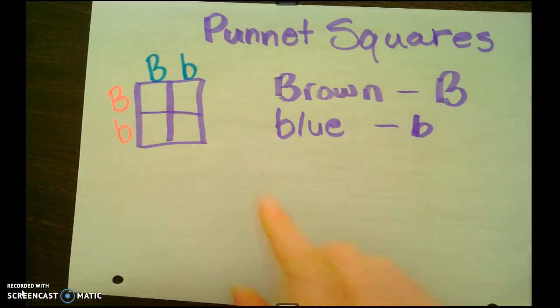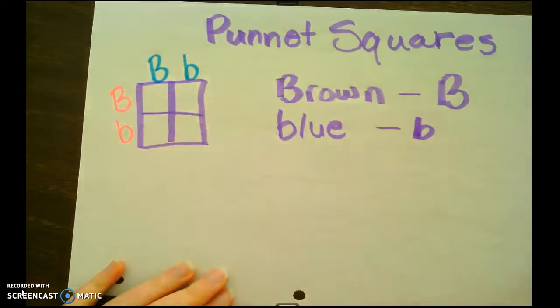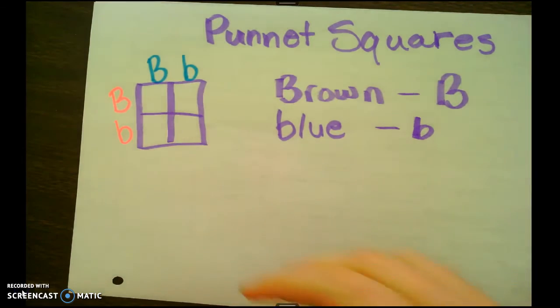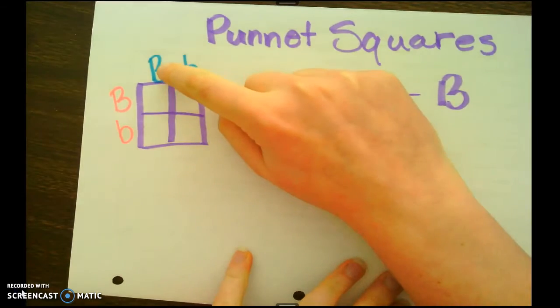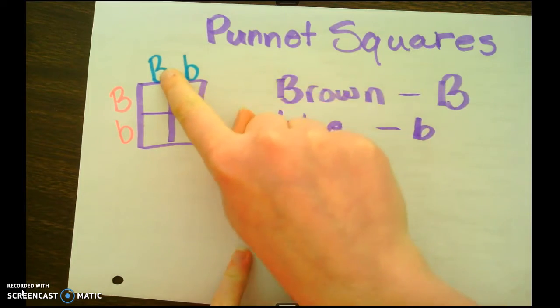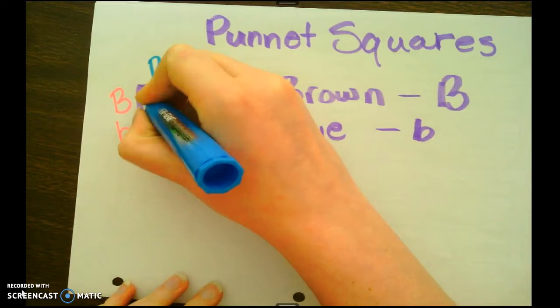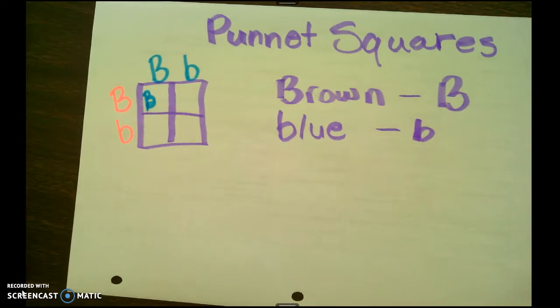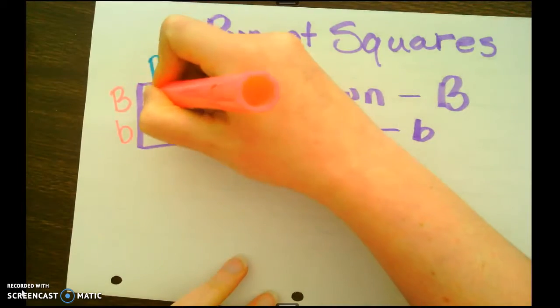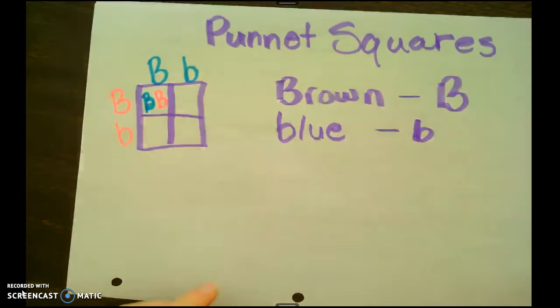So we set the Punnett square up so the parents are on the outside. And once you've set it up, there's a possibility that my dad could give me a big B, and there's a possibility that my mother could also give a big B for brown eyes to her offspring.